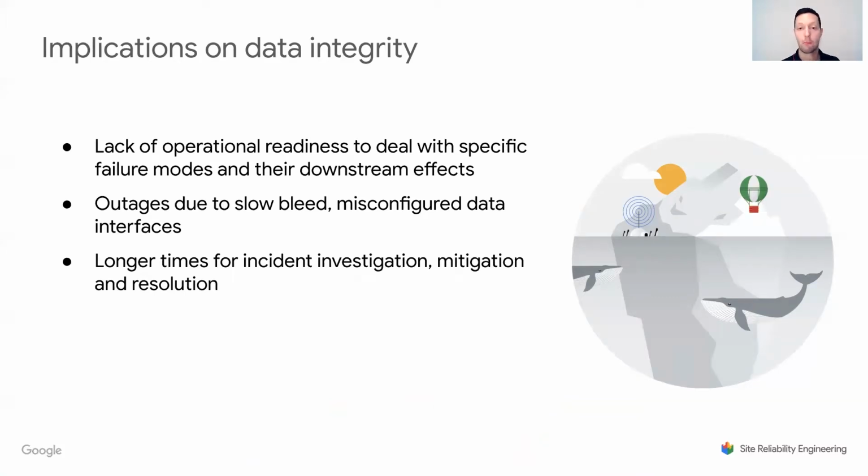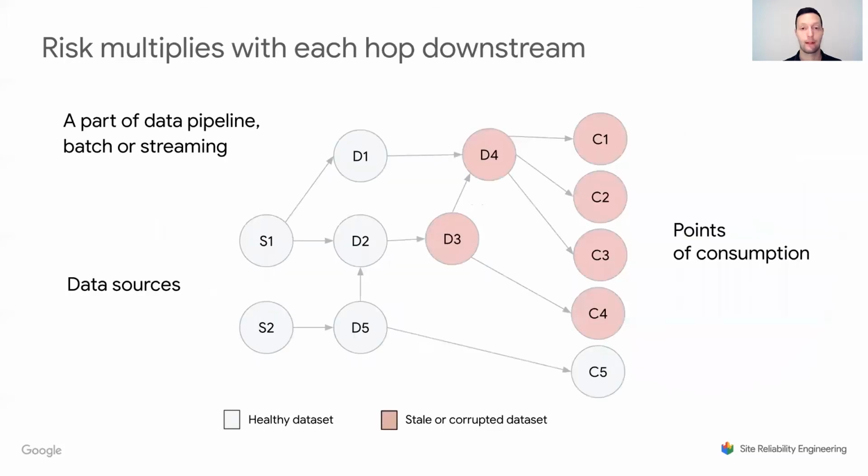Increased risk of slow bleeds due to misconfiguration between producers and consumers, and at the same time, cost of incident resolution and revenue impact of outages may continuously grow. In complex data pipelines, risk of data corruption multiplies with each hop downstream.